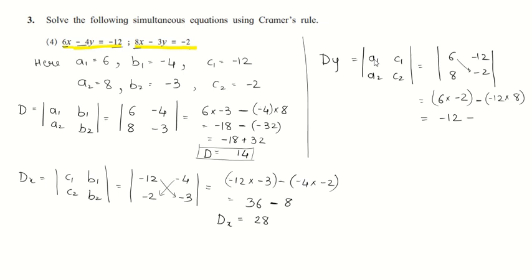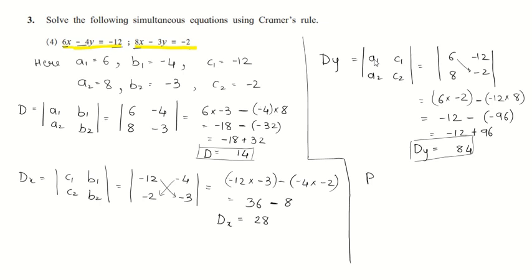This minus sign, minus 12 into 8 is minus 96, that is plus into minus is minus. Therefore minus 12 plus 96. Here plus into minus is minus. Therefore 96 minus 12 will be 84. Sign of the bigger number, that is 96, is plus. So Dy is 84.